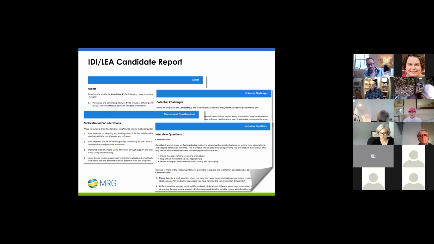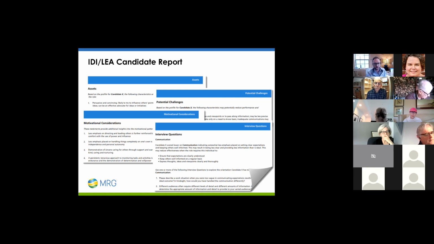You then have the motivational considerations section, which in my humble opinion is the most important page in the report. And really it combines the IDI and the LEA data into one. There you can see right here in number 1, less emphasis on directing and leading others is further reinforced.